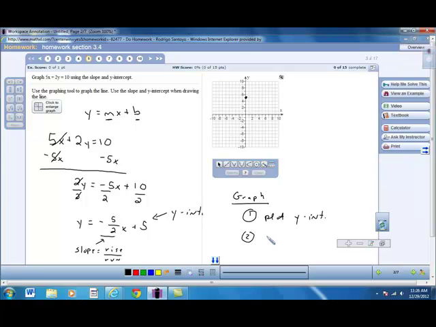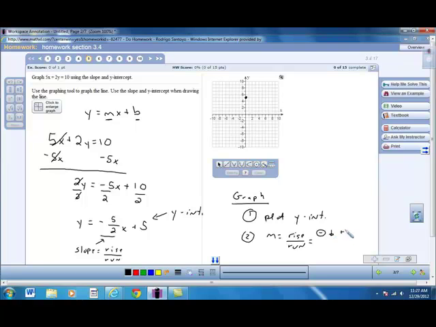you use your slope. Remember, your slope is rise over run. When your slope is negative, you're going to rise down.